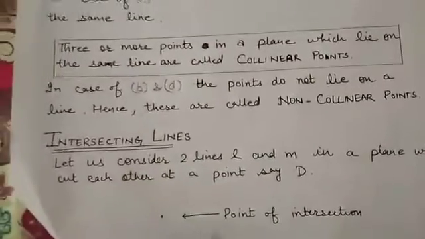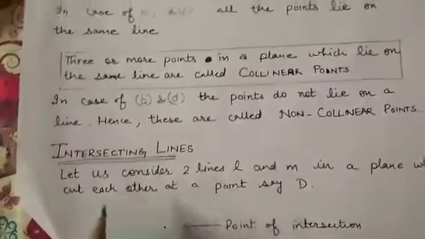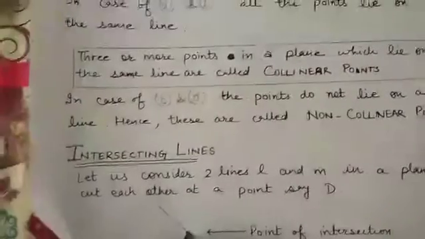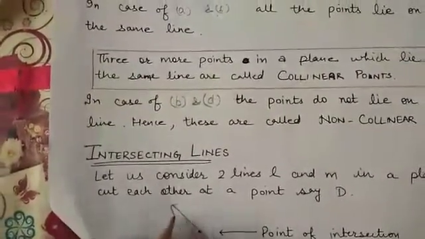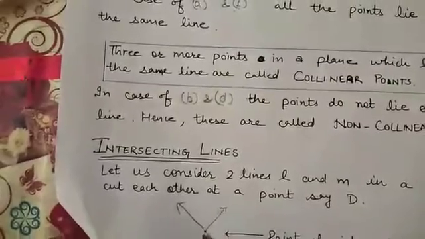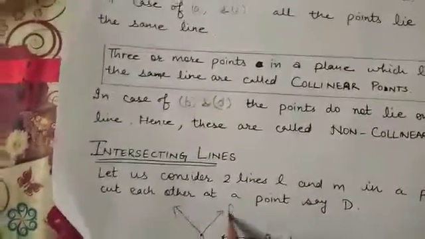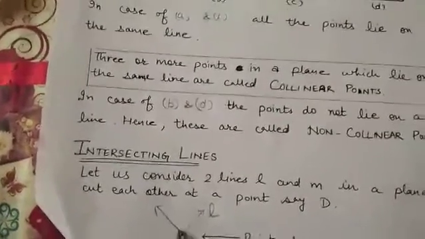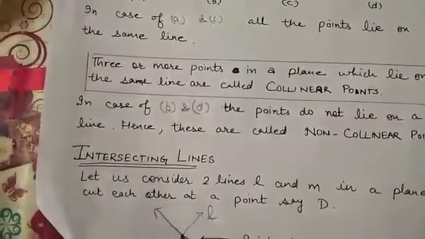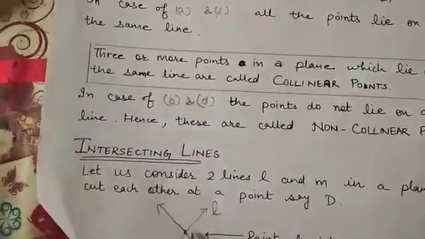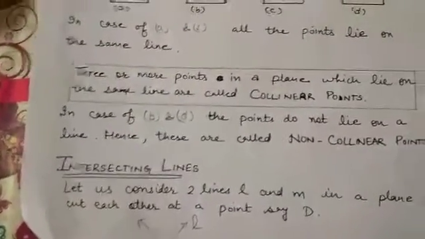Next is intersecting lines. Let us consider two lines L and M in a plane. I have taken one line L and another line M. Now, these lines are intersecting, cutting each other at point D. Okay.